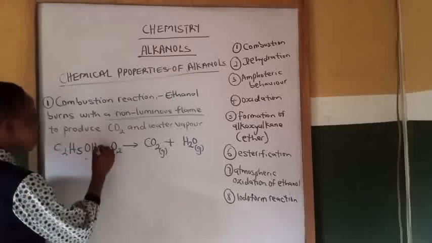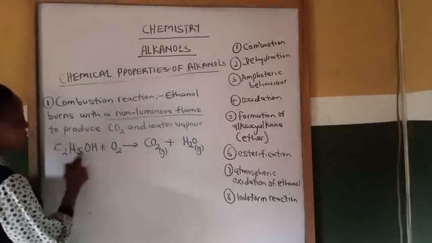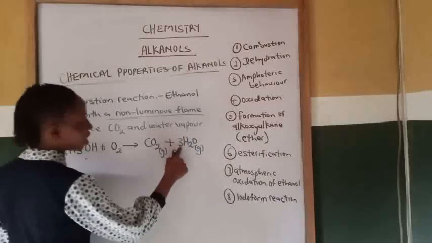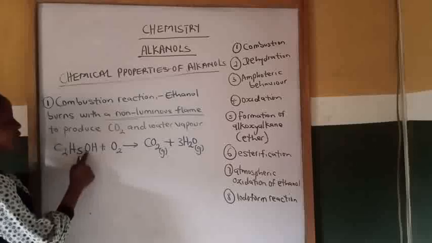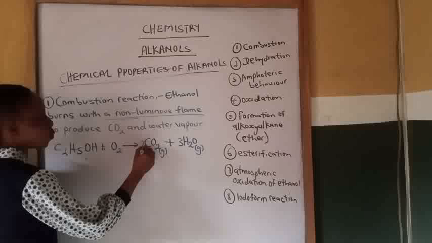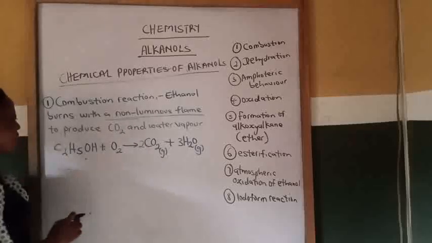Then we balance our chemical equation. We have 6 hydrogen here, 5 plus 1, that is 6. So we put 3 here; 3 times 2 will give us 6. Then carbon atom is 2, so we put 2 in order to balance it.